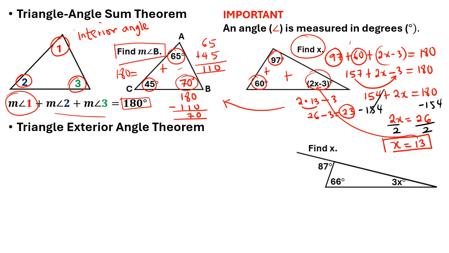All right. Okay, let's go ahead and look at the triangle exterior angle theorem. For the triangle exterior angle theorem, we're going to have a different demonstration or different figure. So here we can see that the third side of the triangle is extended to form an exterior angle.